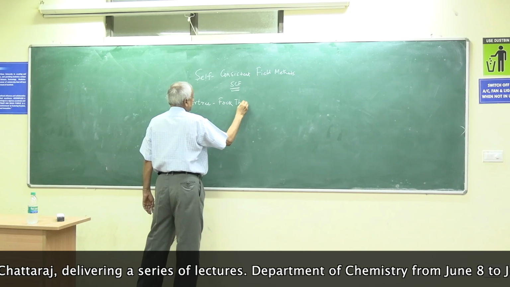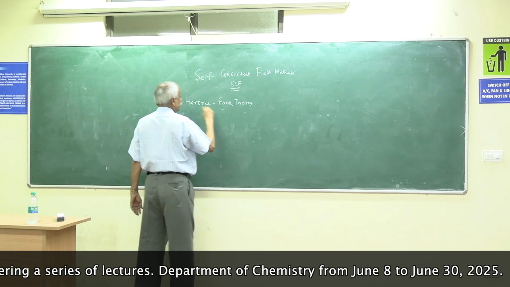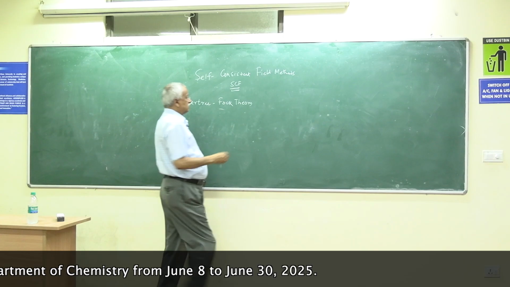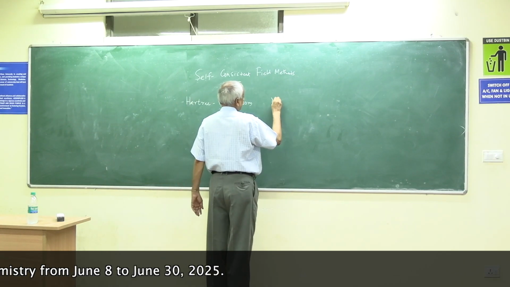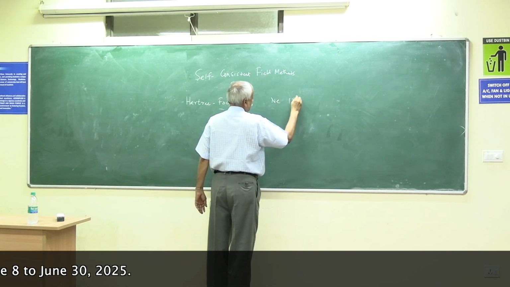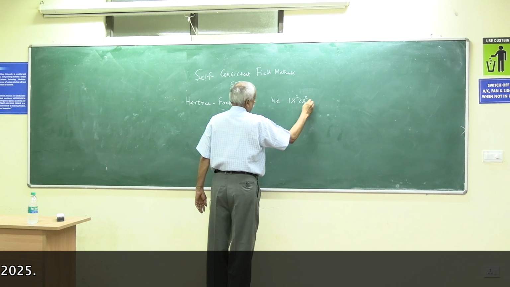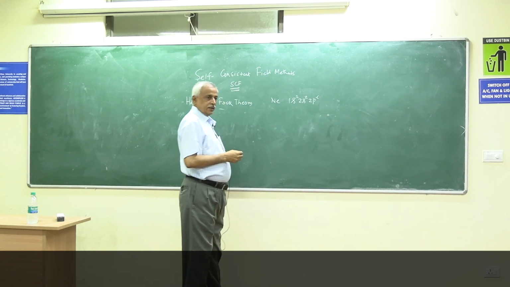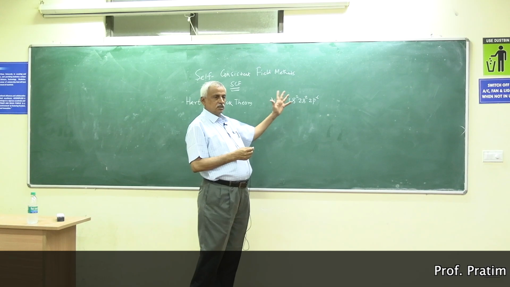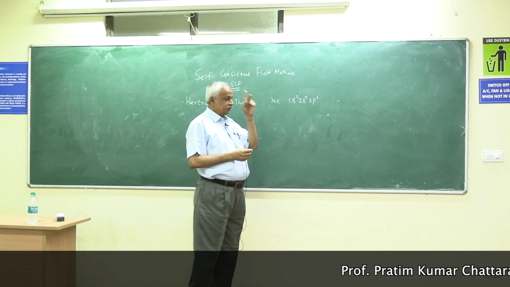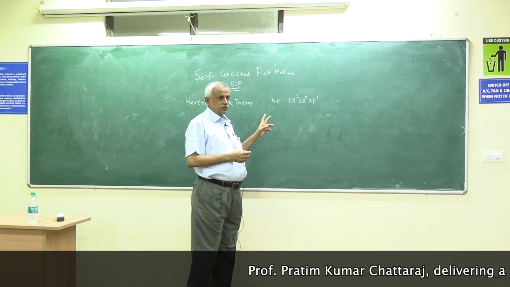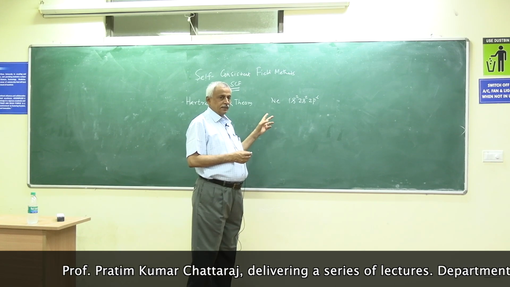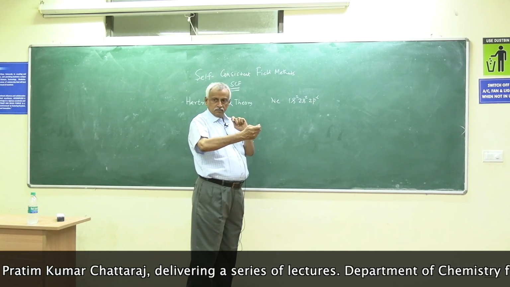I will tell you, let's say, Hartree-Fock theory. I will first tell you the general idea so that qualitatively you can understand. Suppose you have a neon atom, 1s2, 2s2, 2p6. Here each electron is attached to, let's say, one orbital.